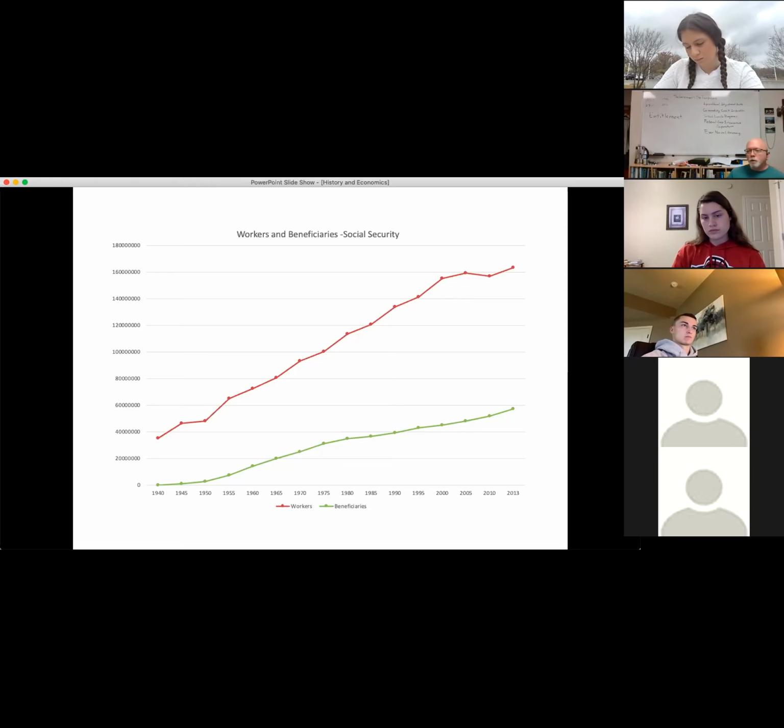What's happening during all of those years leading up to the early to mid 90s in terms of workers relative to beneficiaries? And by the way, this is data from the Social Security Administration.